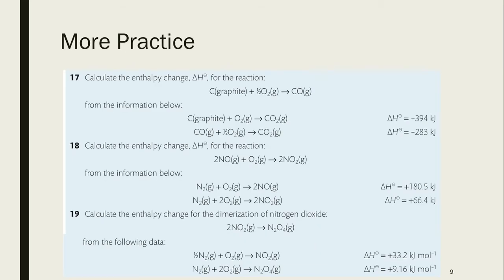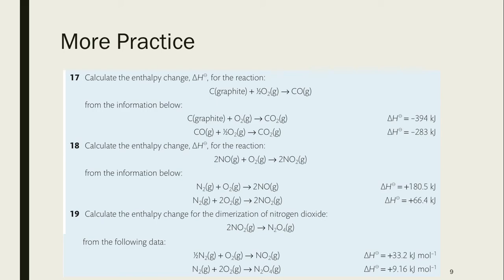All right, we can take a look at number 18. We're trying to find the enthalpy change for that reaction, and we're given these two equations. Again, look at your reactants, look at your products, see which equation you might have to flip.